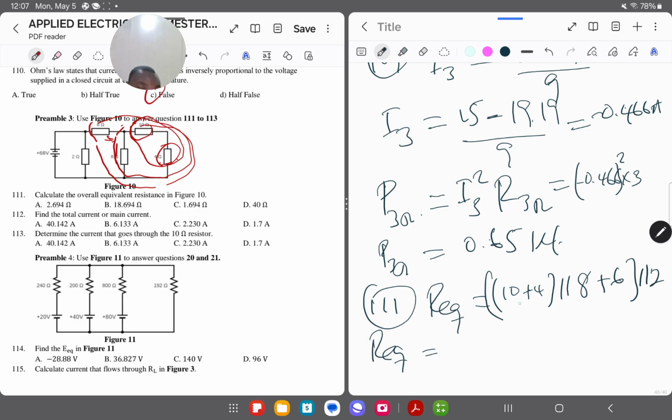So once we've done this, we can just get the equivalent straightforwardly. The first part, they are in series, so we just get the sum. 10 plus 4, that will be 14.